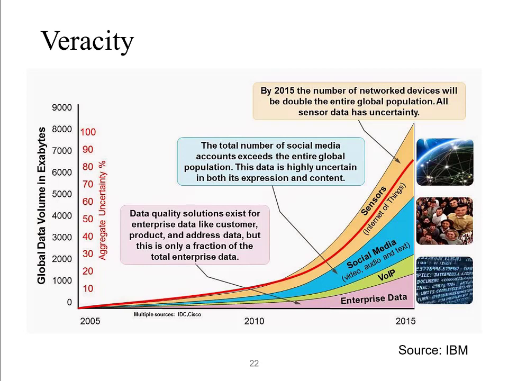Unfortunately, the quality of data is not always high. In fact, when we're talking about big data, most data have low quality. For example, in this chart from IDC and Cisco, we can see that the volume of data is rapidly growing from 2005 to 2015.